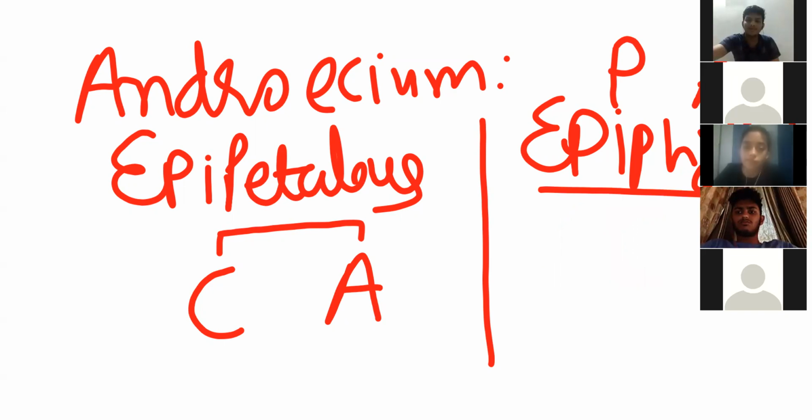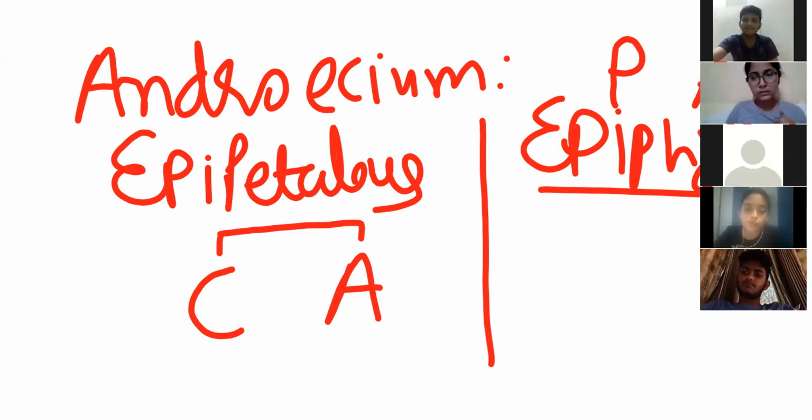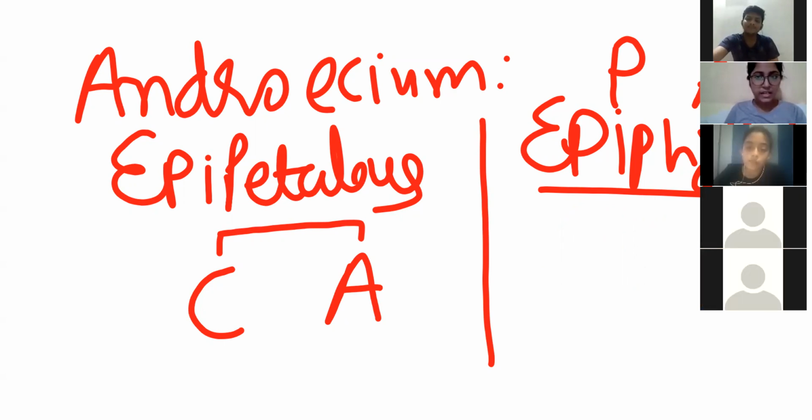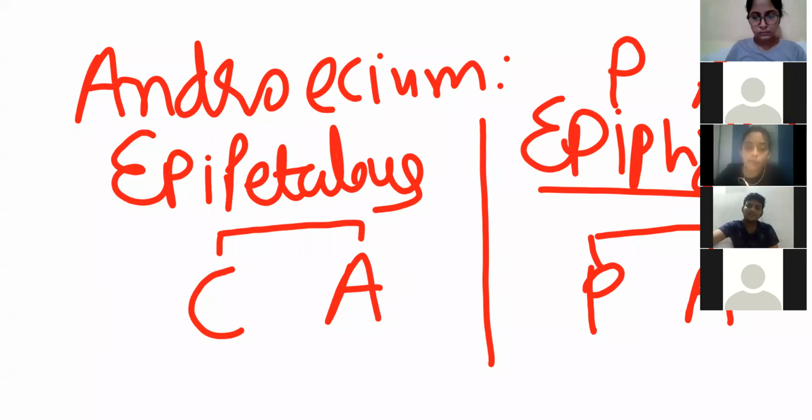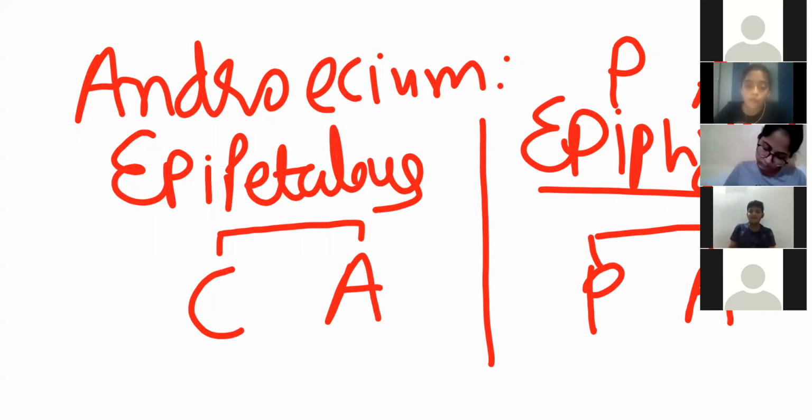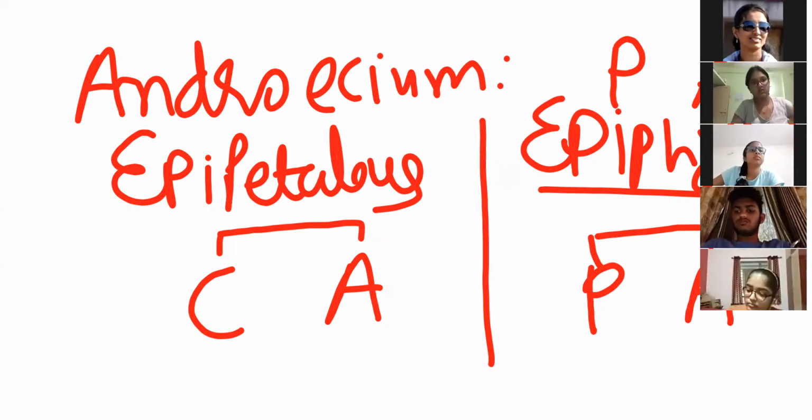Can anyone tell me how should I write epiphilus condition? बोलो मैत्री. P and A joined from the above. Yes, this two join. Right? This one we call epiphilus condition. In symbolic form, we write in this way, simple. All of you clear? If you have any doubt, please ask me.